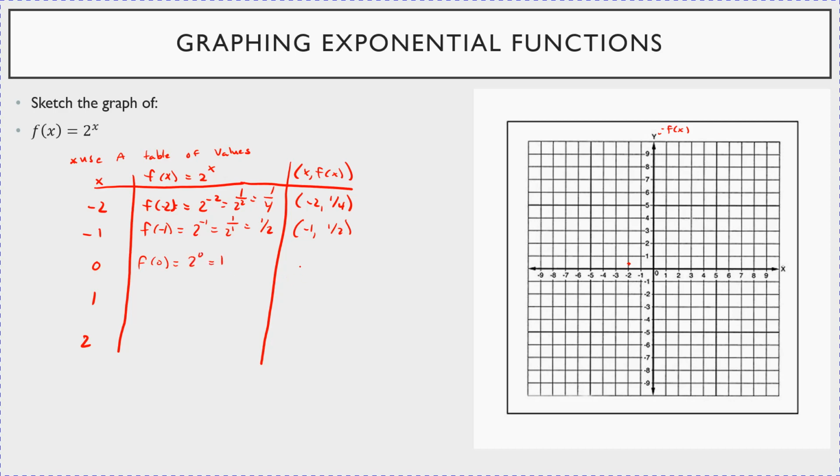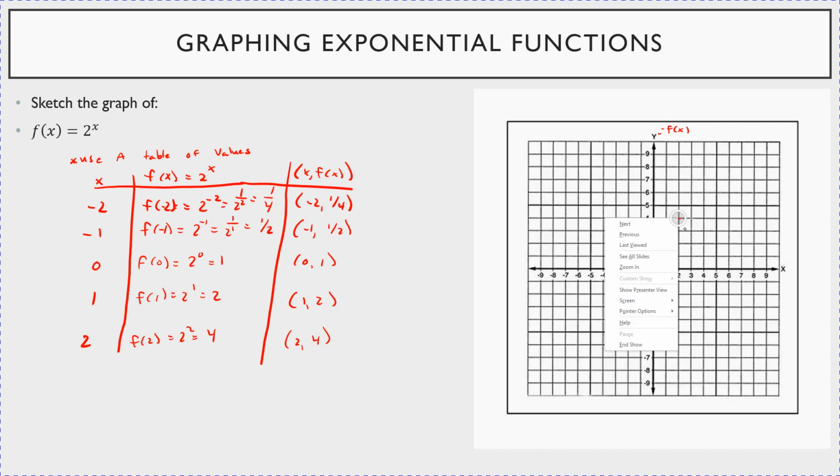Right, it's just 1. And then look here, f of 1, well, that's just 2 to the first power, which is 2. And then look, f of 2, that's 2 squared, that gets me 4.